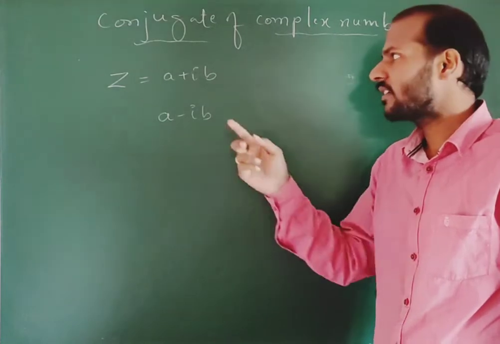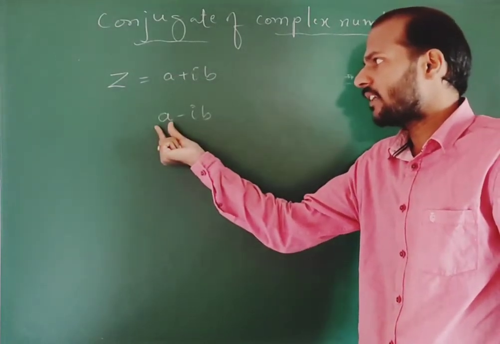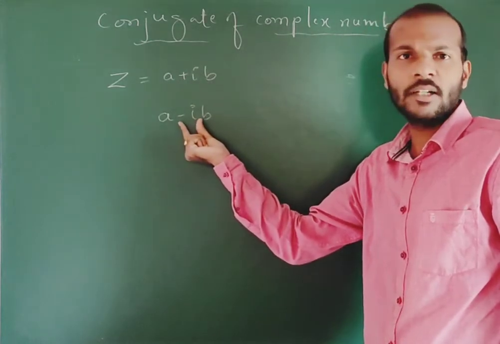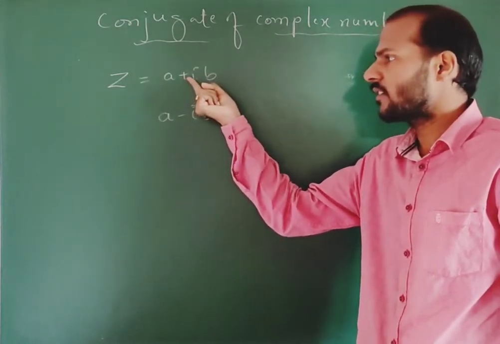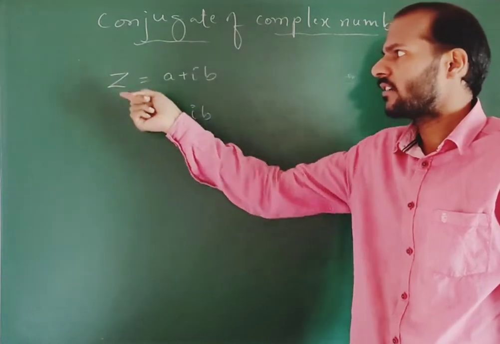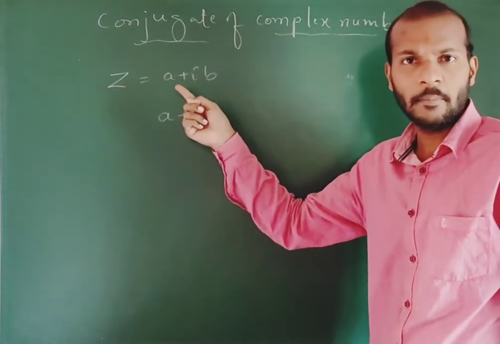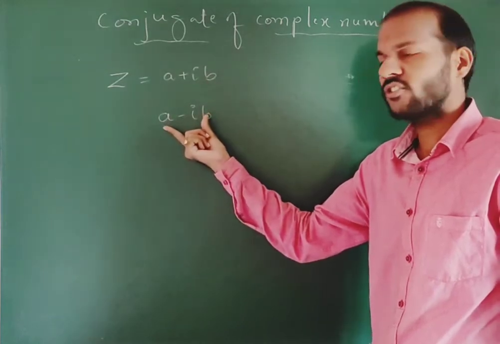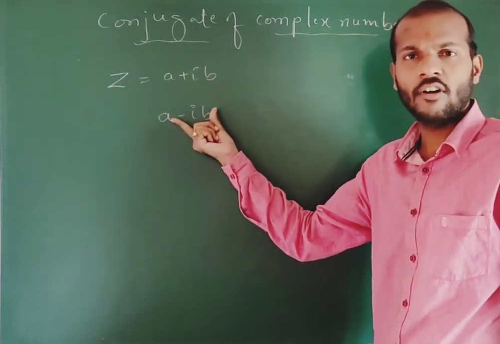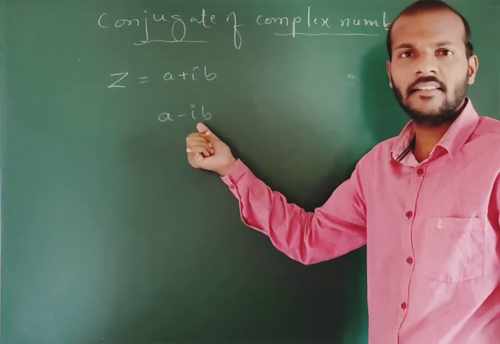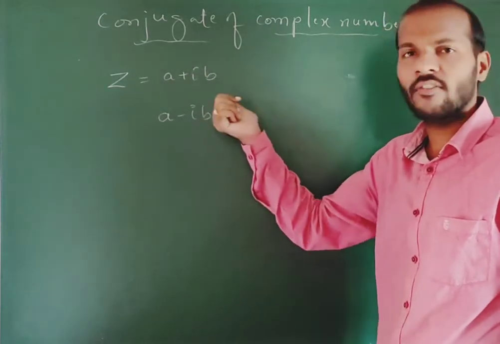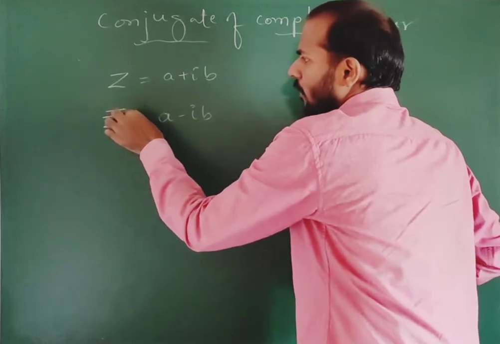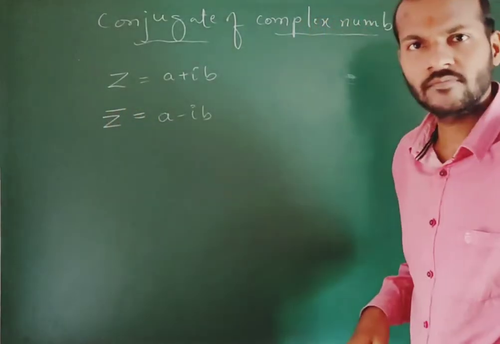By keeping the real part as it is, we are just changing the sign of the imaginary part. Earlier it is plus in a complex number. The standard form of a complex number is a plus ib. After changing to its conjugate form, it becomes a minus ib, and usually the conjugate of a complex number is denoted by z bar, right?